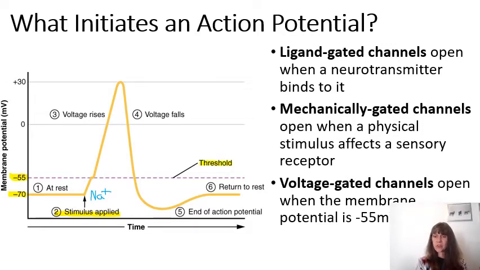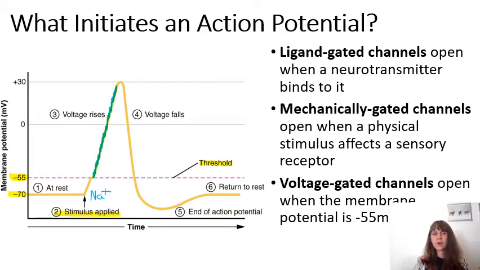When threshold value has been reached on the membrane, that change in the voltage initiates an action potential where voltage-gated sodium channels will open up, allowing a very rapid influx of sodium into the cell, just inside the plasma membrane in the cytosol.